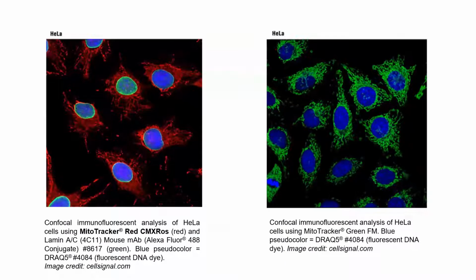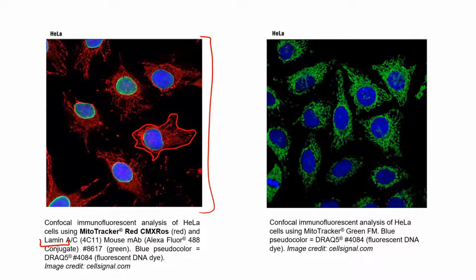Okay, so here you can see a higher magnification of the cells. It is a confocal analysis of HeLa cells. You can see the cytoplasm here. You can also see the nucleus. And in this particular experiment, they were staining lamin. Lamin is part of the nuclear envelope.